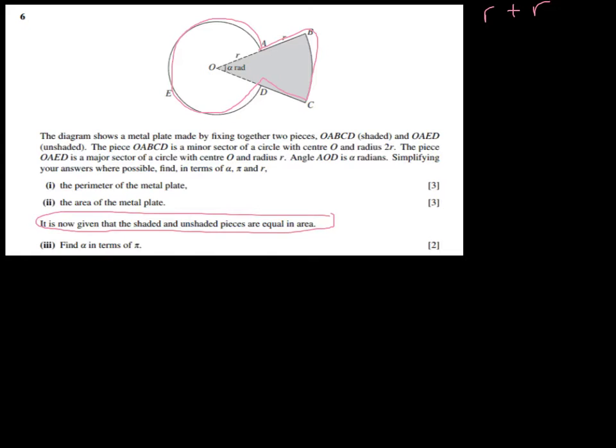Our rule for the arc length is the radius times the angle. In this case, the radius is 2R, so we're going to add on 2R times alpha. Be careful that you use the alpha symbol and not the theta symbol. I know the formula says theta, but we're doing things in terms of alpha and r's. That's what we've been asked to do.